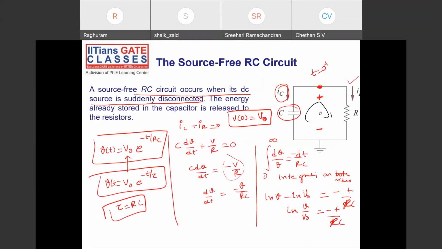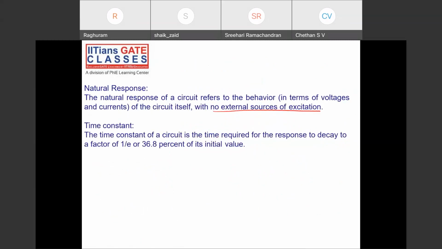Whatever response you get, V of t is equal to V naught e power minus t by tau, where tau is equal to RC, is a natural response. There is no external source; only the stored energy in L and C elements is getting dissipated. That is what you call natural response.